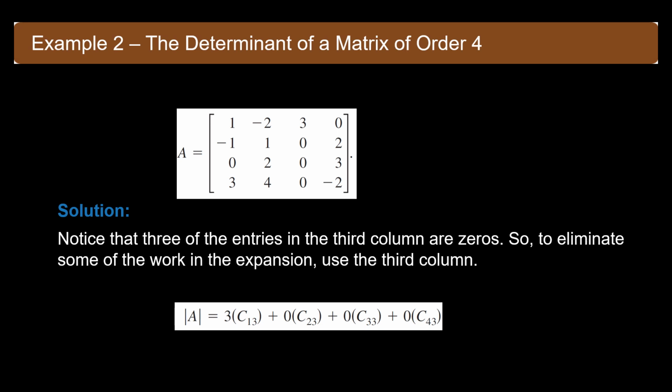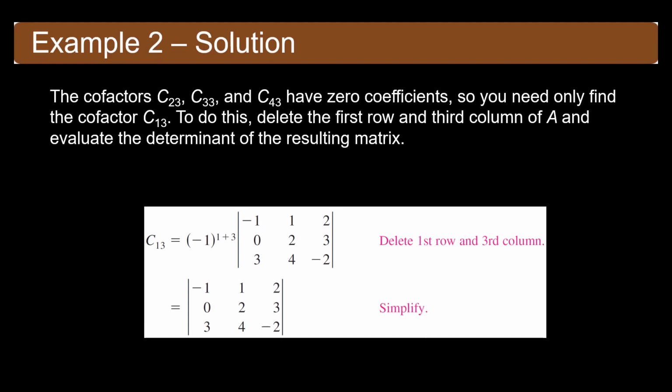For the next entry 0, the cofactor will be C23, then again 0 times C33, 0 times C43. So it is just 3 C13, so I only need the cofactor C13 by deleting the first row and third column of A.